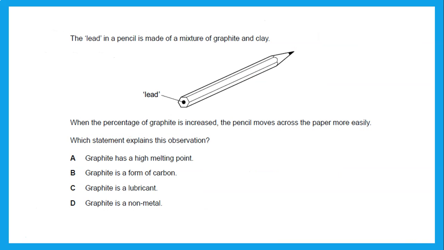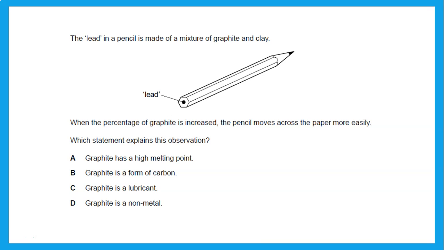So let's take a look at this question. The lead in a pencil is made of a mixture of graphite and clay. When the percentage of graphite is increased, the pencil moves across the paper more easily. So the fact that we write with a pencil is because the graphite inside moves across the paper.